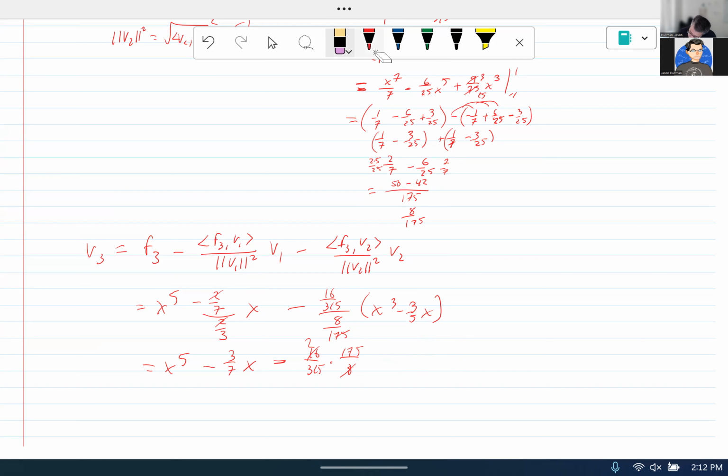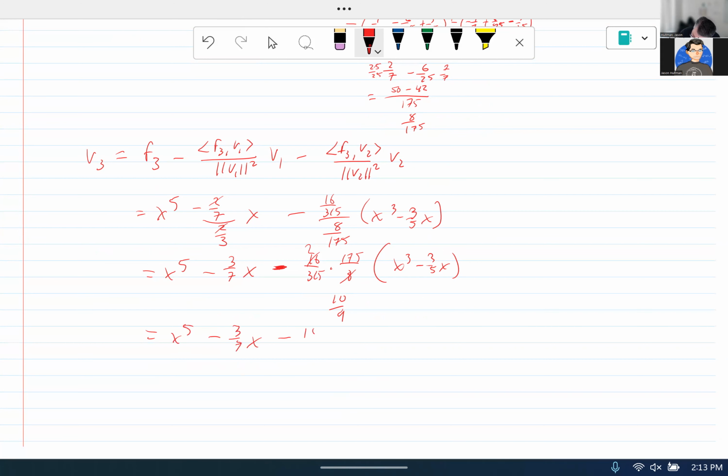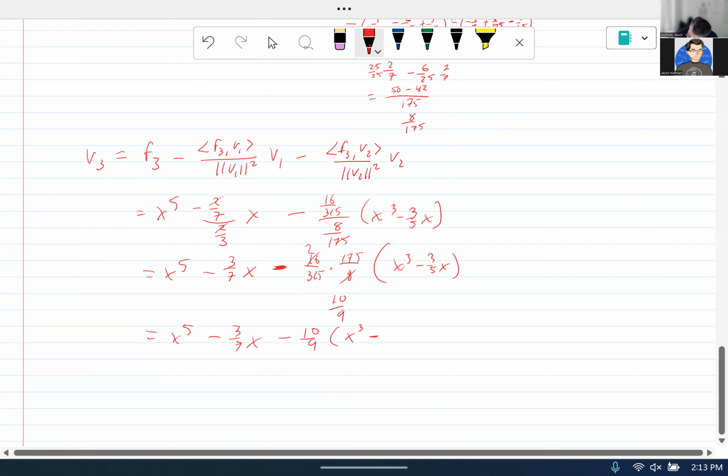Okay. So minus that all becomes 10 ninths times x cubed minus 3/5 x. Okay. So this is going to become x to the 5th minus 3/7 x minus 10 ninths times x cubed minus 3/5 x.